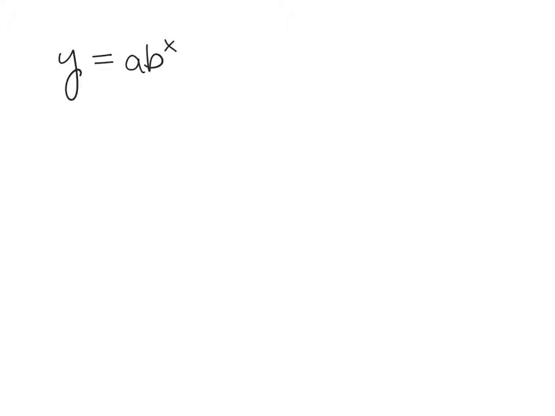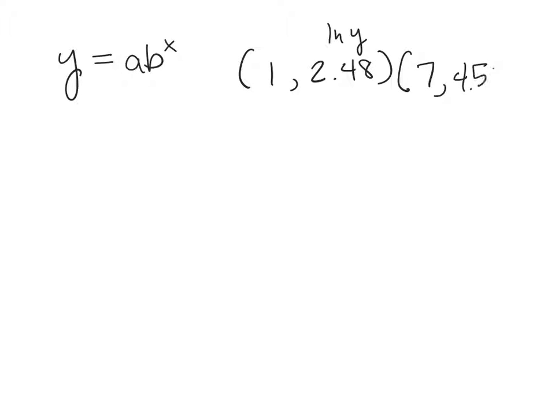By choosing 2 points, let's just choose 1, 2.48. And that right there is log y. And let's do the beginning and the end, 7, 4.56. So that right there is log y. Use these points to write an equation of the line, then solve for y.